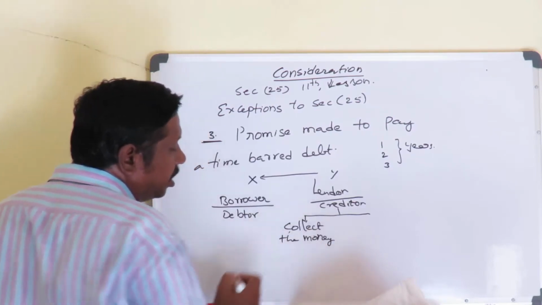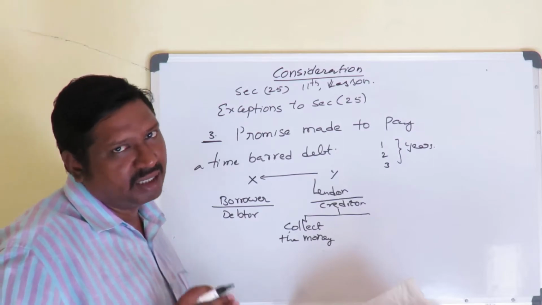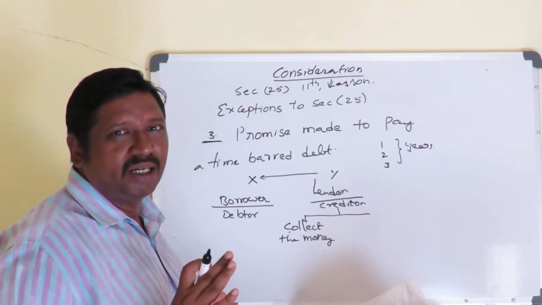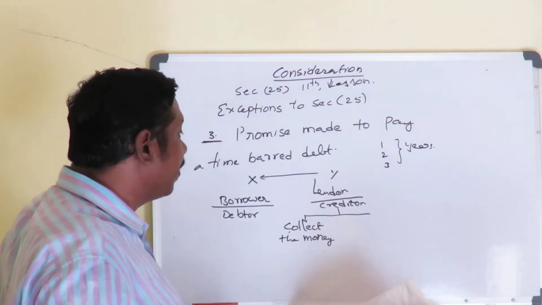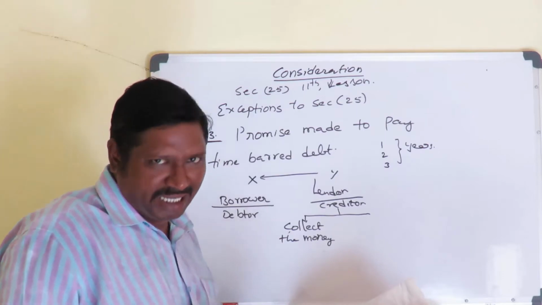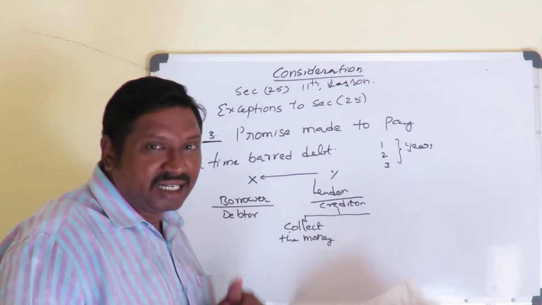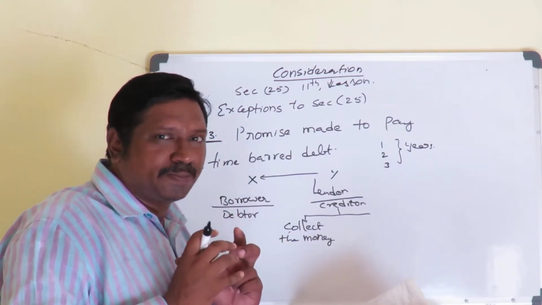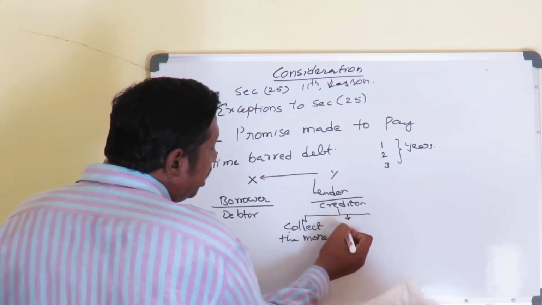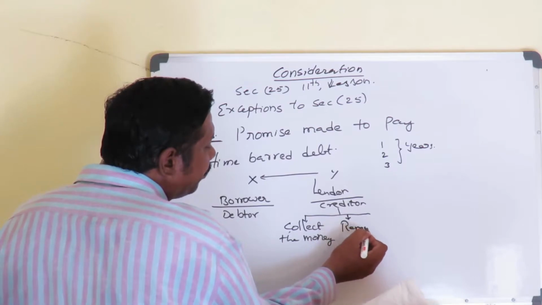Yes, in case he collects the money, the movie ends there itself. The episode ends in a peaceful way, no problem. In case he is not able to collect the amount, at least within the expiry of these 3 years, he must at least renew the debt.